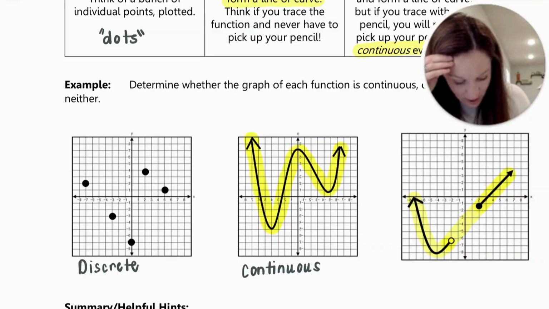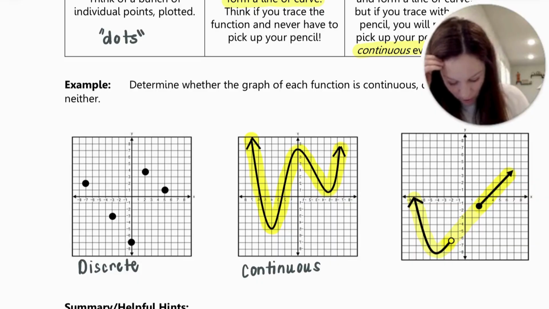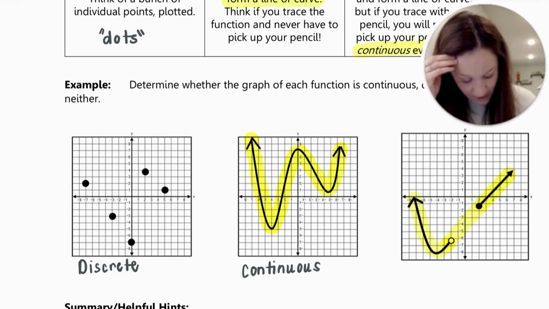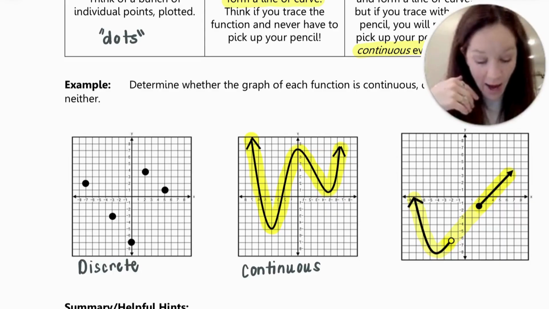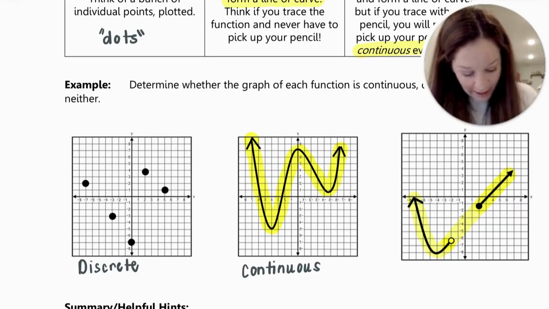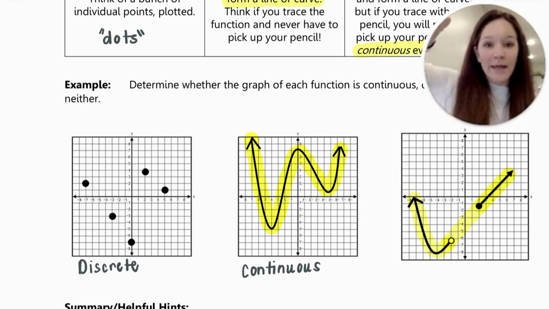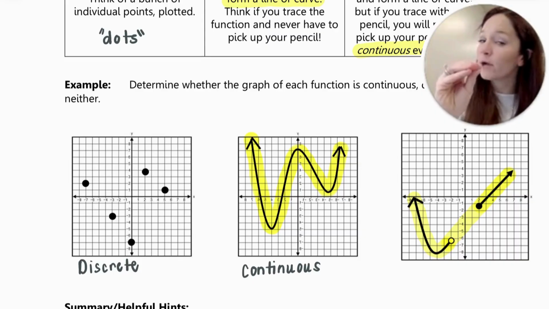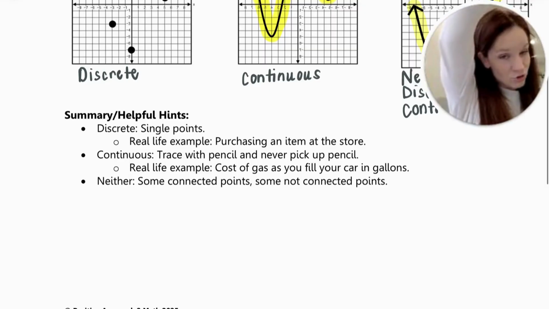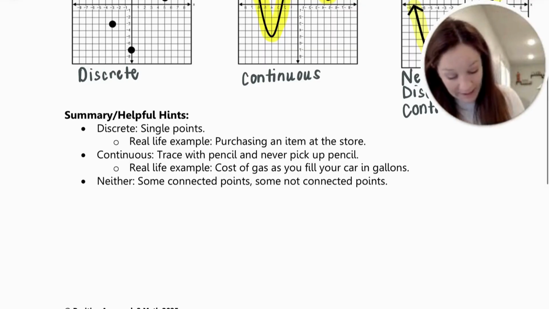I can't just go right to that chunk, or else I have a bunch of stuff I highlighted that's not really a part of my graph, right? So I had to pick up my pencil, I traced, I got to the end, and now to get to the next part, I couldn't just drag it because that wasn't a part of my graph. I had to pick it up and trace the rest. So that would be neither.